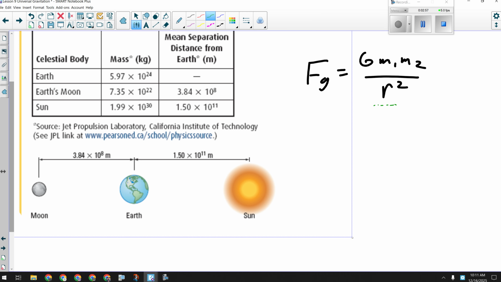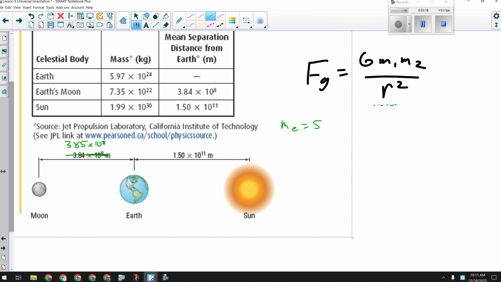I want you to calculate for me right now, using the numbers on your formula sheet. So that would be 3.85 times 10 to the 8 meters as the separation distance here, 1.50 times 10 to the 11 meters as the separation distance here, and then you've got your masses as well on your formula sheet.